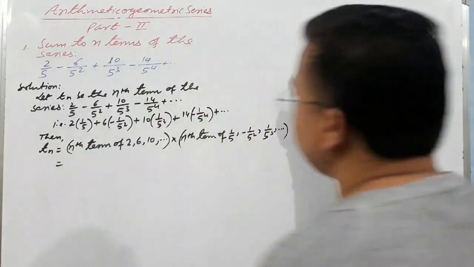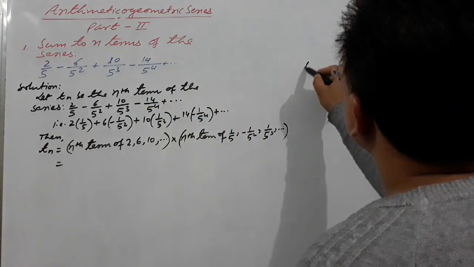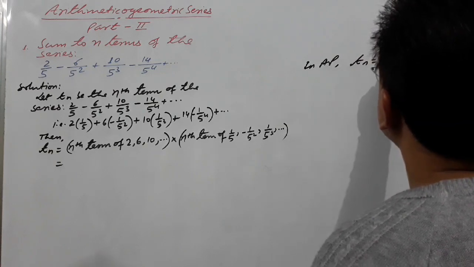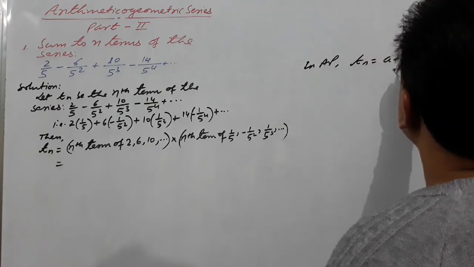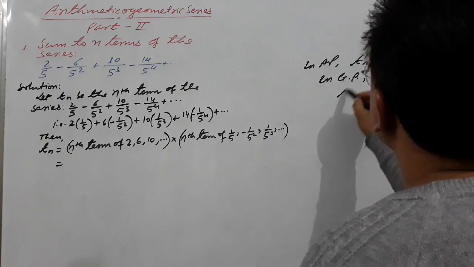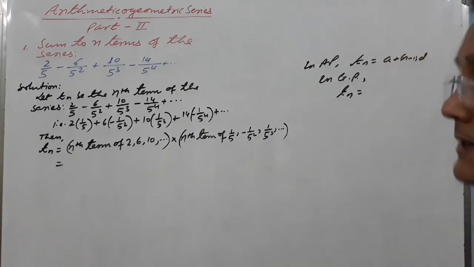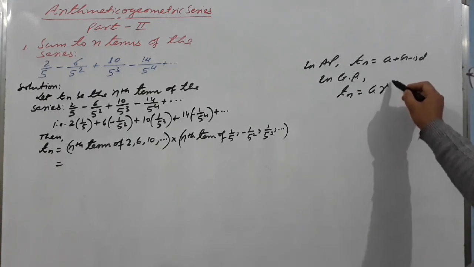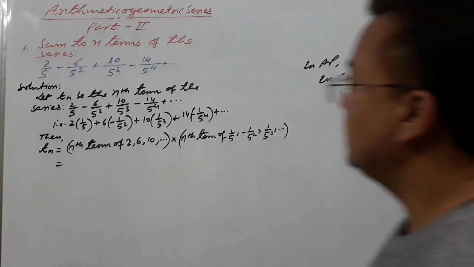As we know, in AP, Tn is equal to a plus n minus 1 d, and in GP, the nth term is given by a r, the common ratio, raised to power n minus 1.